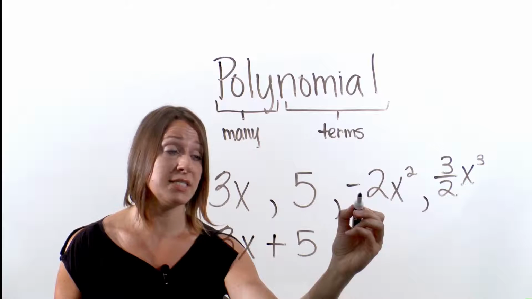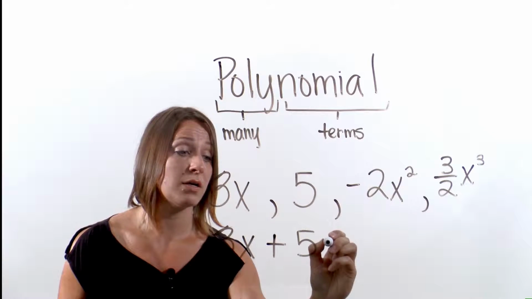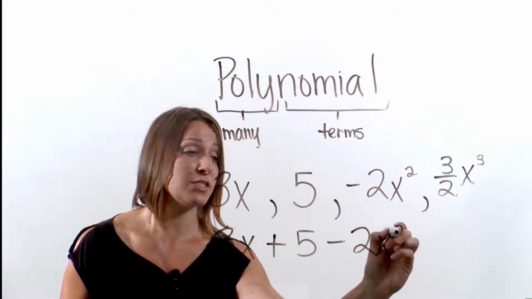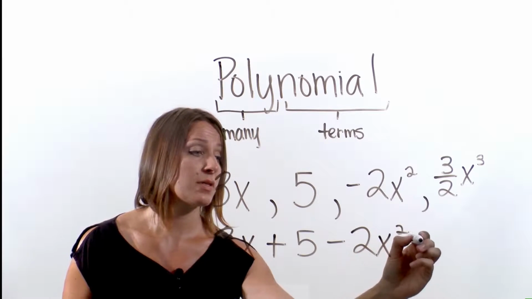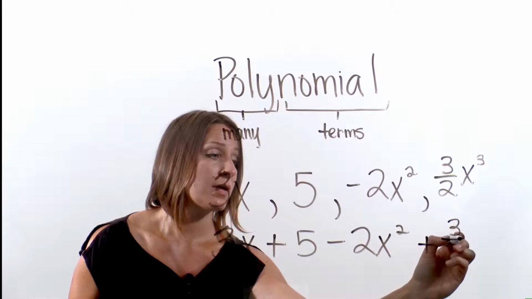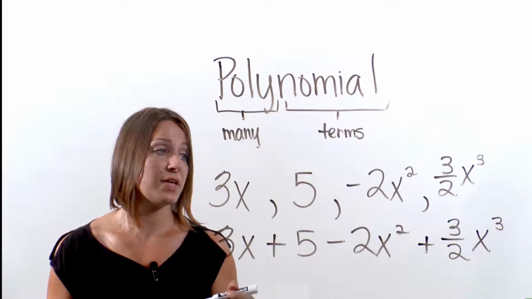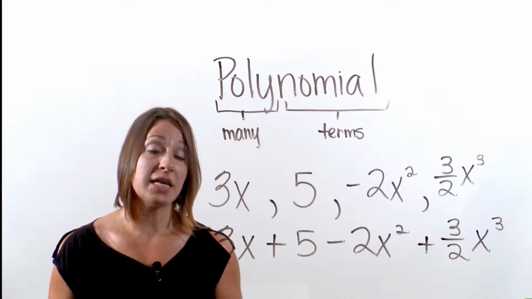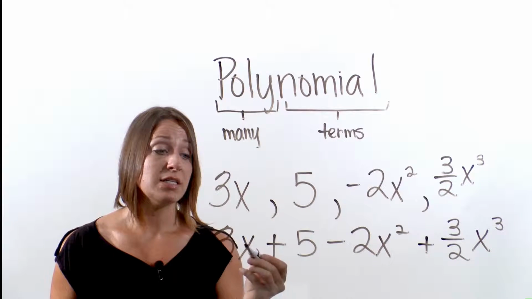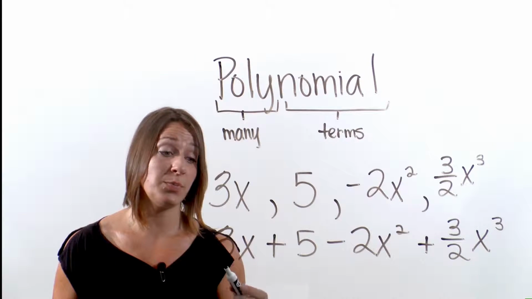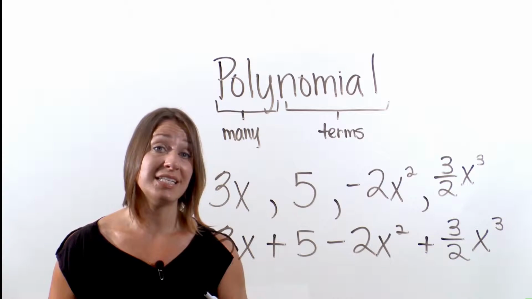In this case, because it's a minus 2x squared, we'll just say minus 2x squared, and then plus 3/2 x cubed. Now I'm going to spend the next couple minutes talking to you more about polynomials, and we're going to talk about what it means to put this polynomial in descending order.